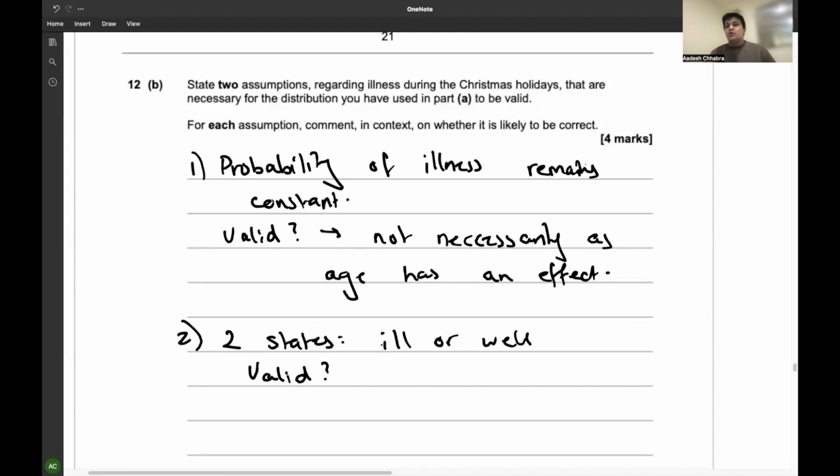Because how do you define whether you're ill? Does a sore throat count? Does having a minor cough count? Stuff like that. It's a really gray area. So we can say that this is really unclear, as you need to decide what being ill actually means.